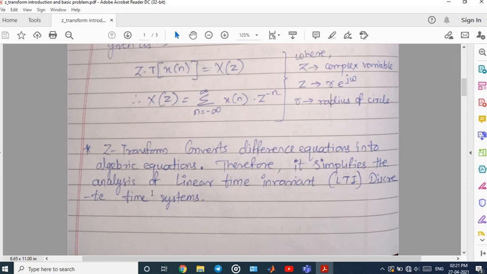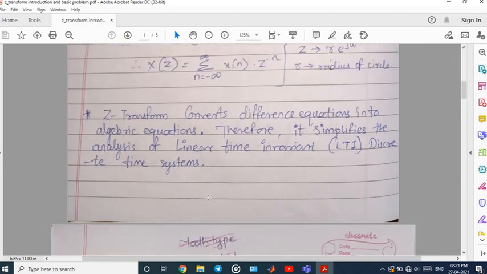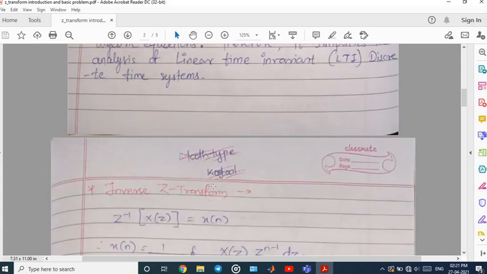Z transform is a more convenient and more reliable way, because it has more bandwidth of spectrum. And also for continuous time LTI systems, we opt for the continuous time Fourier transform or Laplace transform. Okay, so Z transform is nothing but the counterpart of Laplace transform.